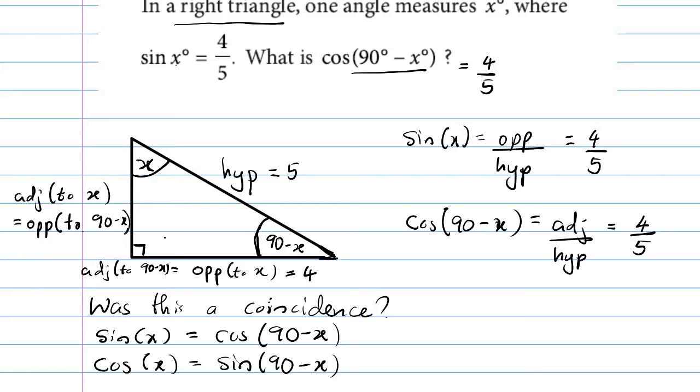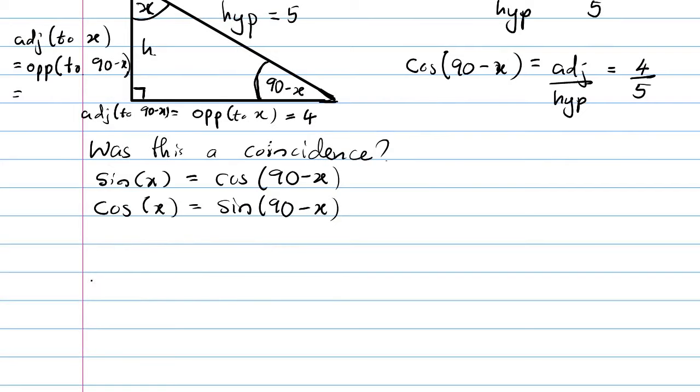And now if you work out the Pythagoras theorem, let's say this is h here. That should be 5 squared equals h squared plus 4 squared, right? So 25 equals h squared plus 16. So h squared is going to be equal to 9 and h is going to be 3. So this is supposed to be 3, right?